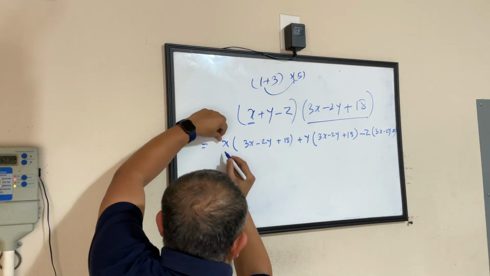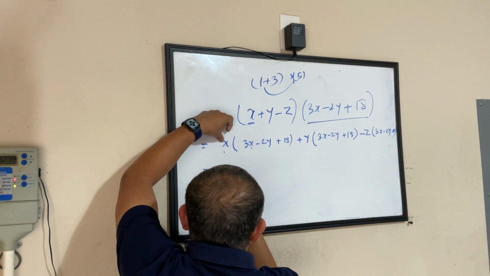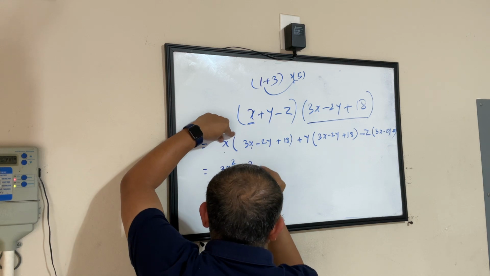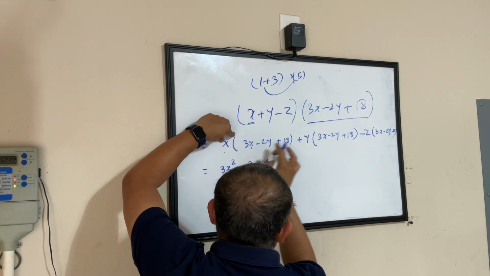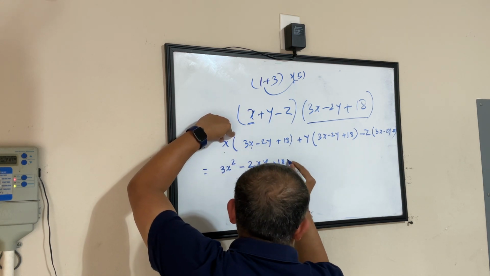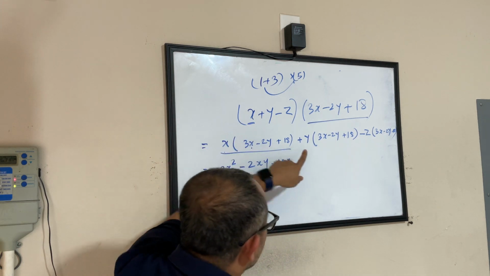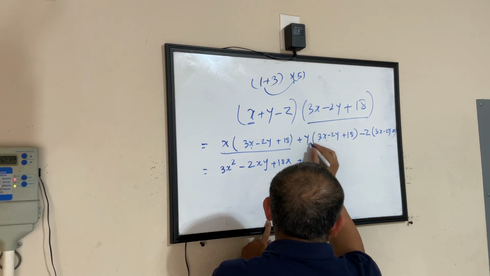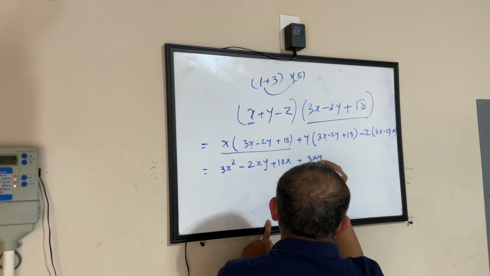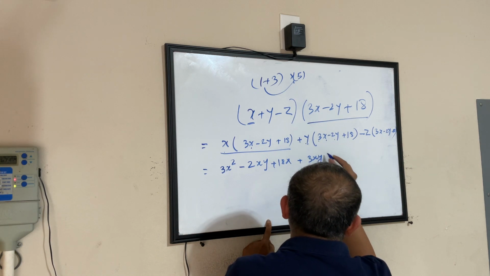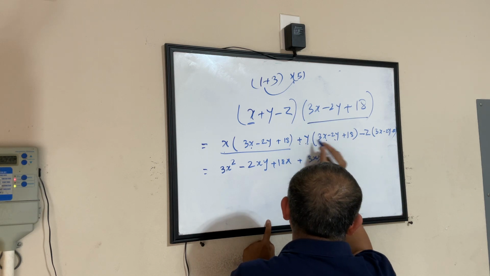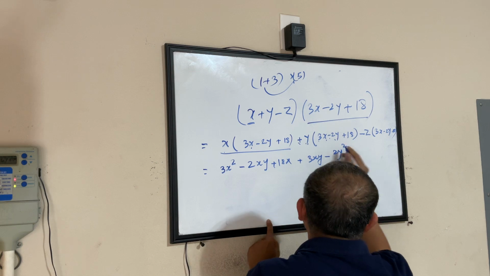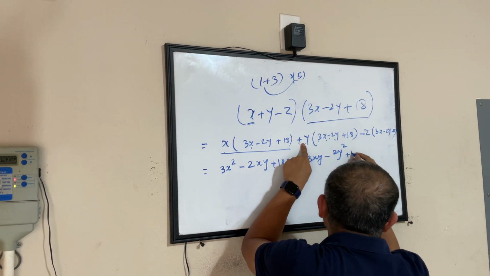Now look at this. x into this becomes 3x squared. x into minus 2y becomes minus 2xy. x into 18 becomes 18x. This bracket is done. Then I'm coming to this guy. y into 3x, so 3xy. y into minus 2y becomes y into y; here I have a plus, here I have a minus, so it becomes minus 2y squared. y into 18 gives me 18y.